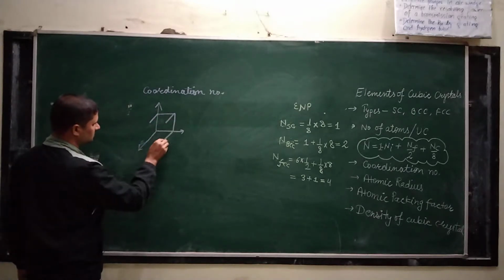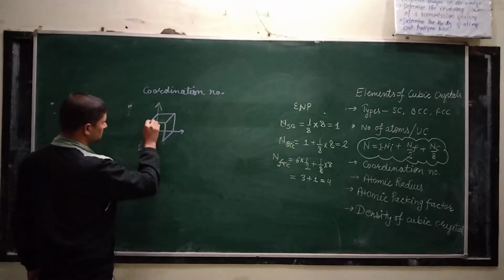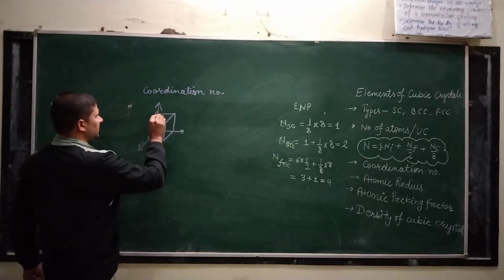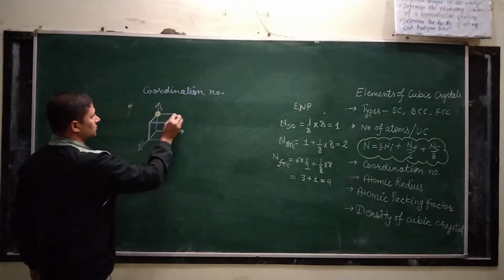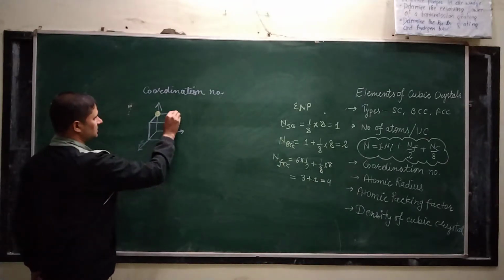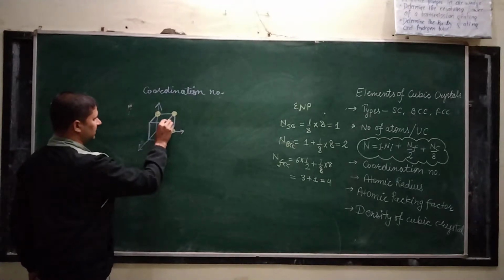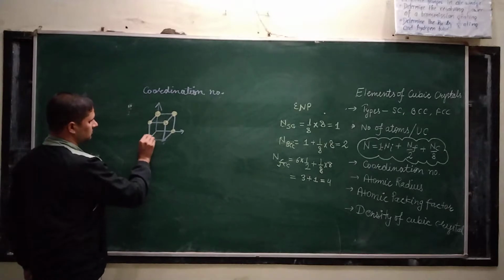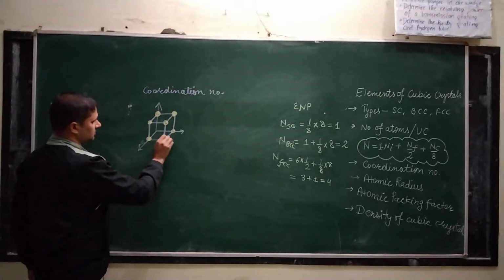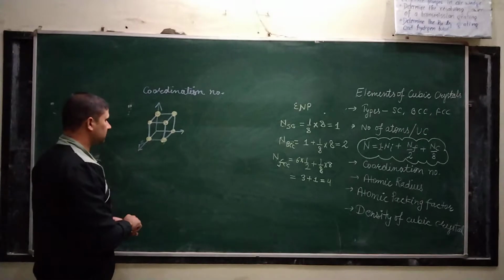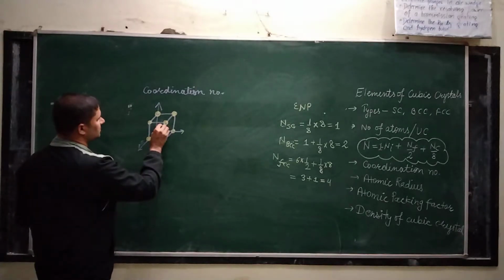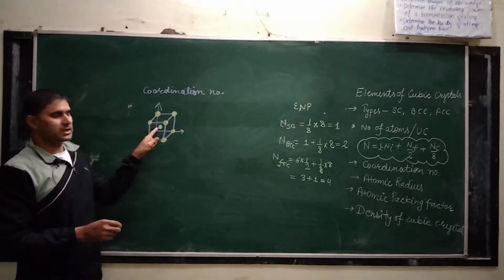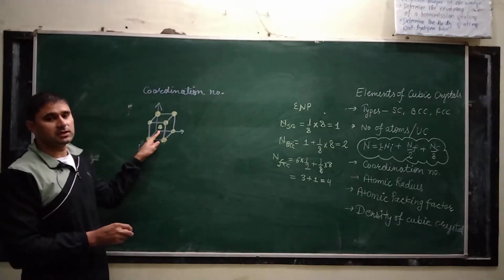This is the cube, and there are 8 particles present at the corner. You can see here 8 particles are present at the corner. And 1 particle is present at the center of the cube. This is the body center, which is the intersection point of the body diagonal.